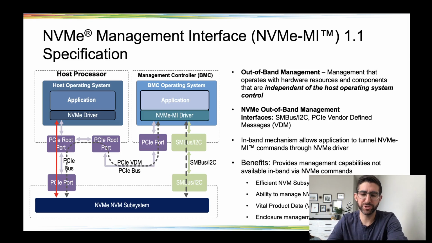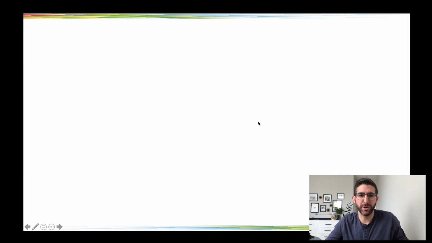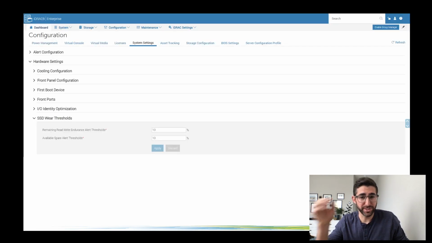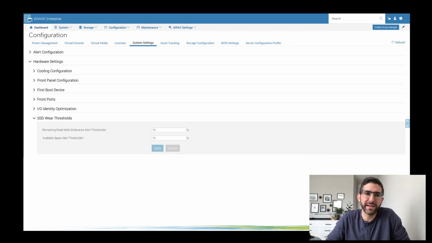Now, the methods I showed you before, in-band, are great because you can get all the information you could ever want out of a drive. But the benefits of out of band are very clear. My dear friend Austin Bolin from Dell, one of the workgroup chairs for the NVMe Management Interface, provided me some of these screenshots from Dell iDRAC 9 Enterprise.